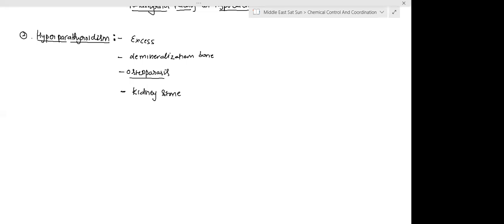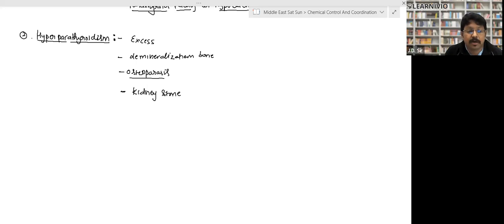Yeah, right. Actually, you know what happens when parathyroid hormone is in excess. It starts taking out the calcium from the bone. So the bones become porous, with small hole-like structures and perforations. They become brittle, break easily, and take much more time to join.